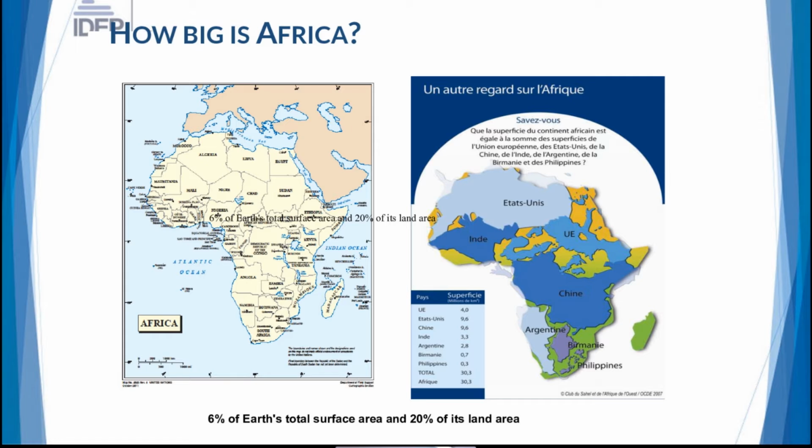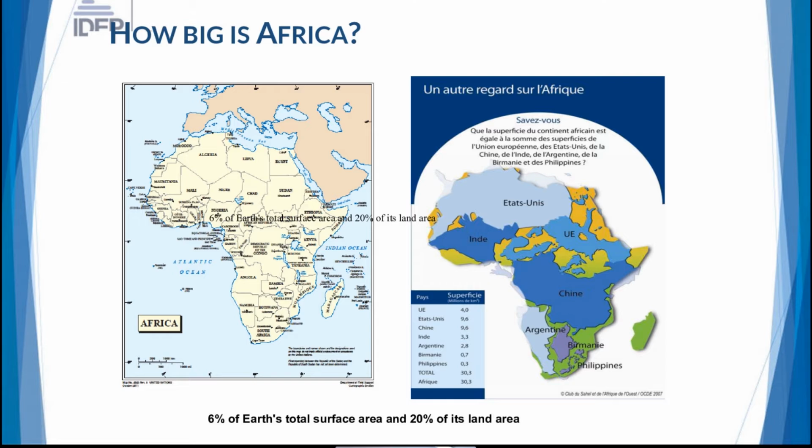But on the right side, you can see that the United States, China, India, the EU, and other countries can fit within the size of Africa. This is to show you that Africa is really a big continent. But when you look at just a map, you can't realize how big it is. But I think that this map shows you that Africa is really a big continent.